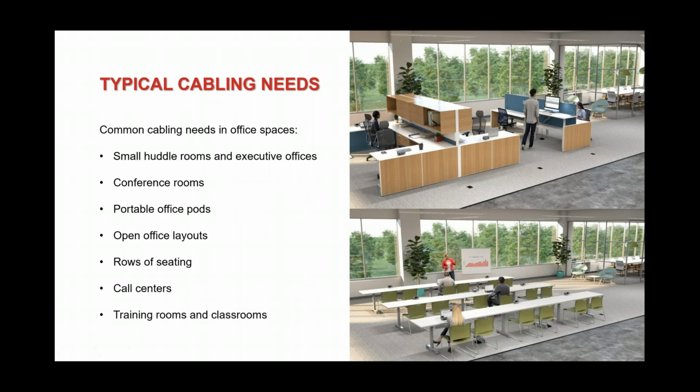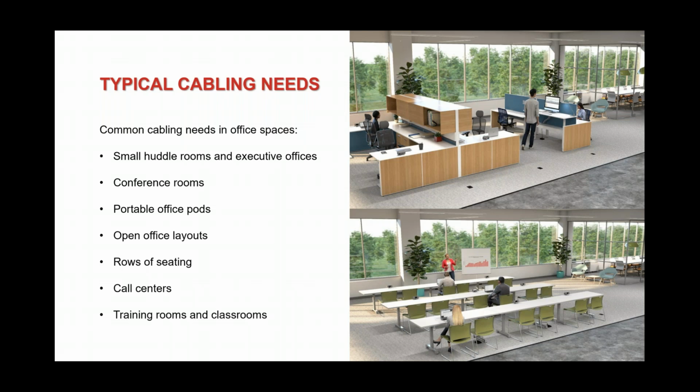What we're noticing is that in office spaces, there are some pretty common cabling needs because everyone's bringing their devices with them. Everyone has a laptop they're carrying from one meeting to the next meeting, and they need to charge it. So we're noticing this power and data need, and this is nothing new to you. This is the environment you live in. Small huddle rooms, executive offices, conference rooms, and little portable office pods need it.